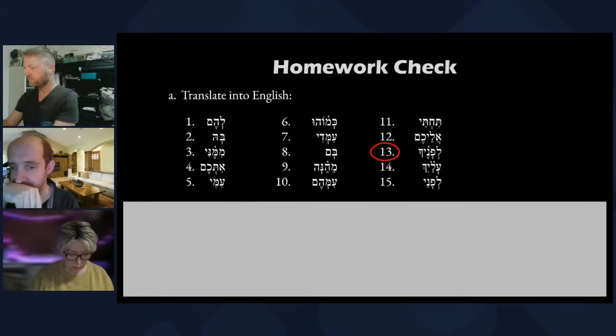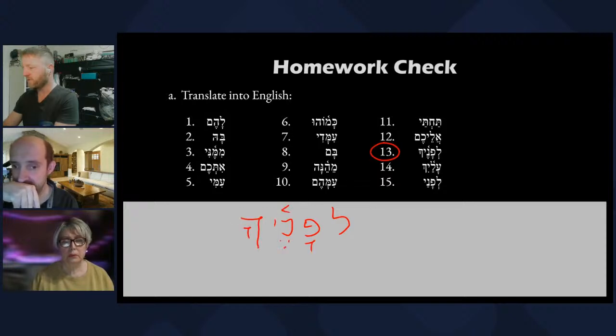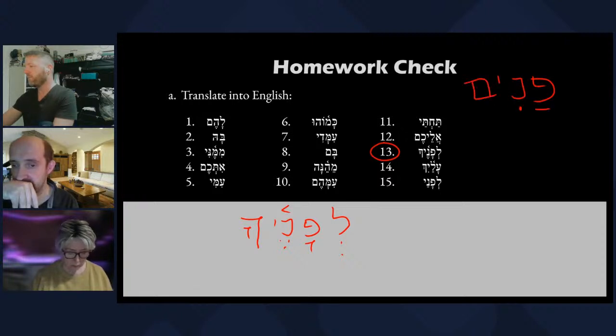Lefanecha. Before you. Yes, lefanecha. This is a bit different because this one behaves as if it were the word panim. Panim becomes panai, my face, and you say lefanai.